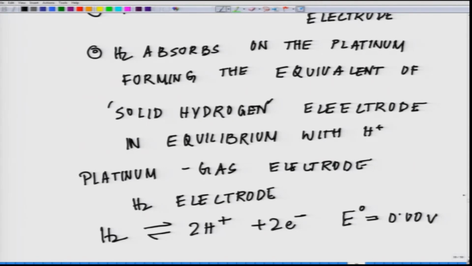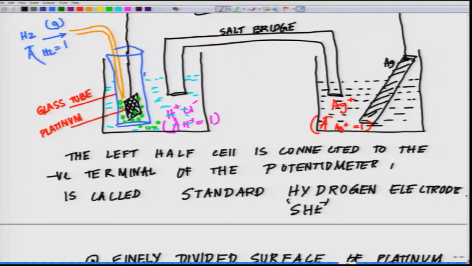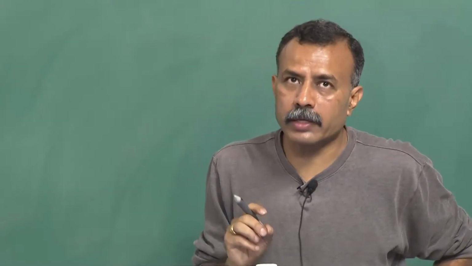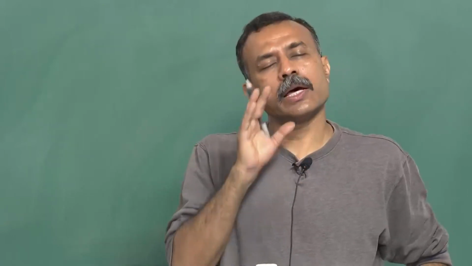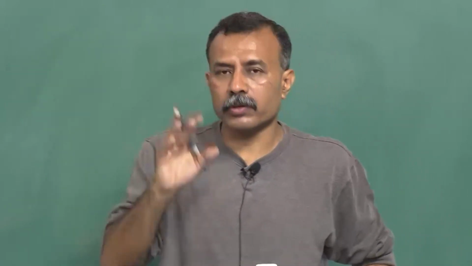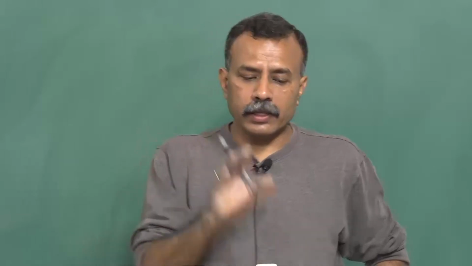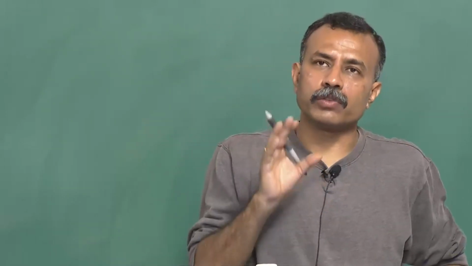Now, what is exactly happening on the surface of the electrode? This is where hydrogen is getting bubbled, and here the solution has a lot of H plus ions, and this hydrogen gas is in equilibrium with the H plus ions present there. And for this, the axiom, purely an arbitrary assumption, is that this has a potential of 0.